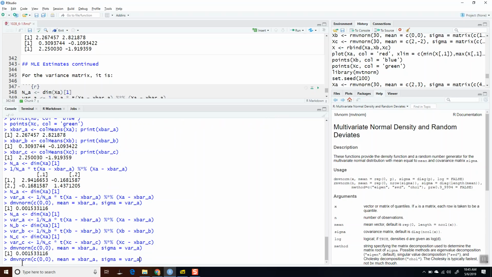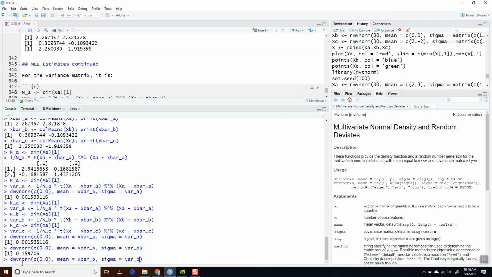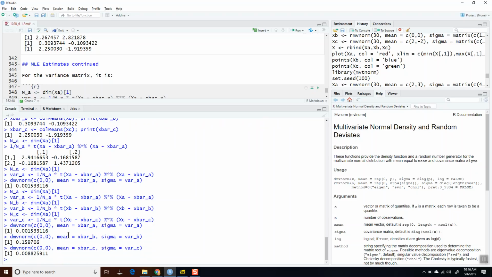So we have the probability for belonging to class A. This is the likelihood of coming from class B, which is much higher, and the likelihood of coming from class C is going to be this. Basically my denominator is going to be the sum of these things.